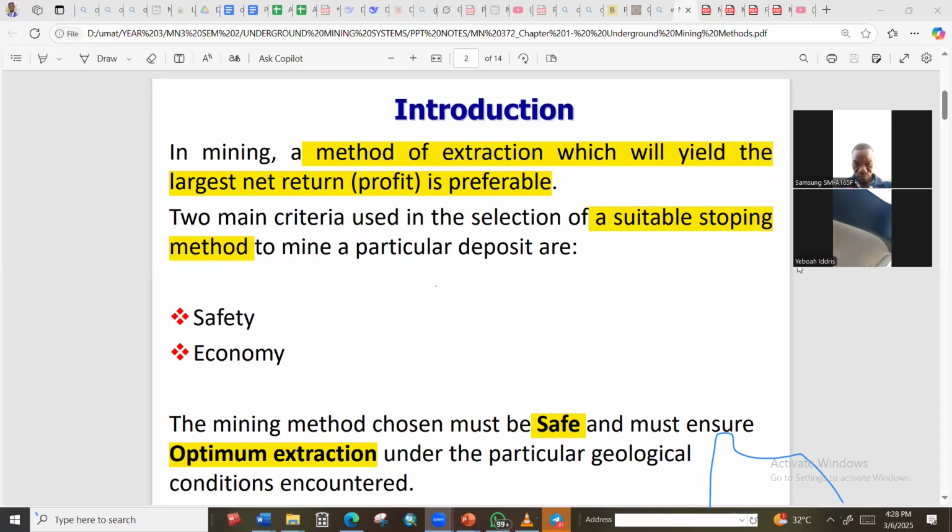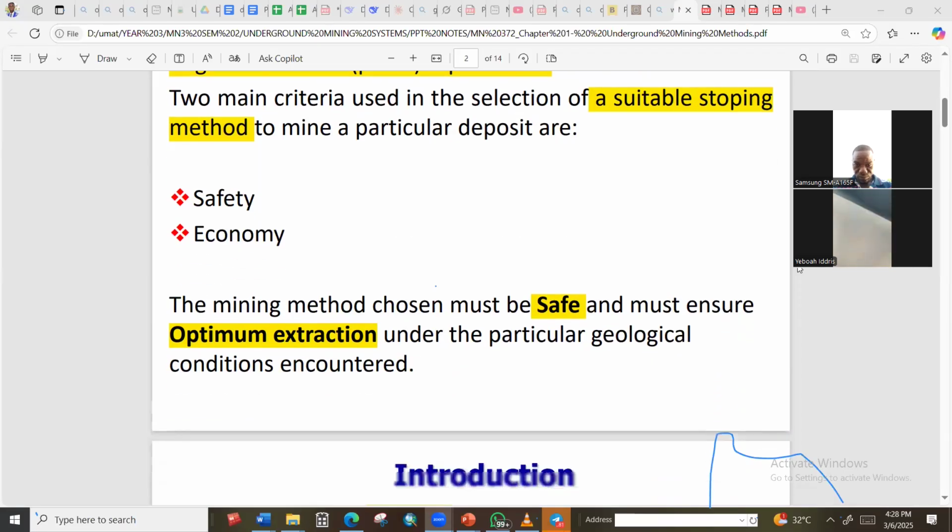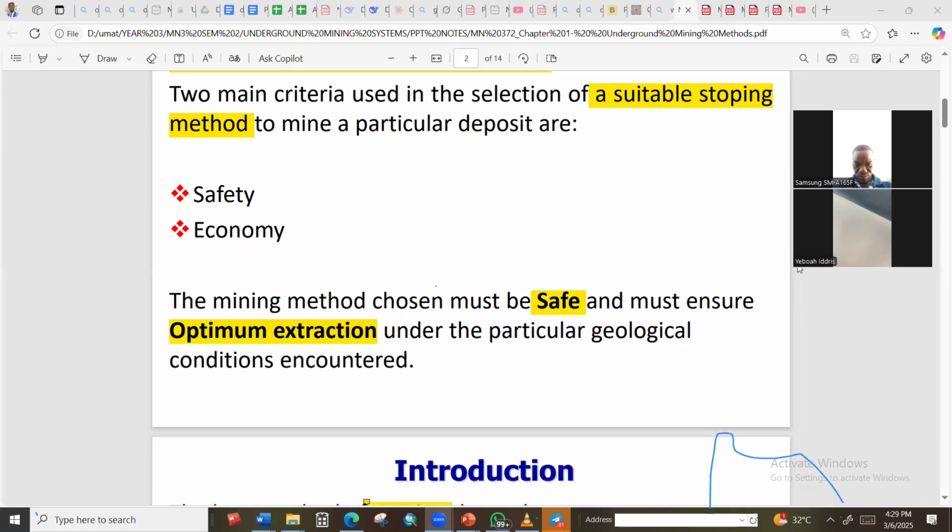All right. So the mining method chosen must be safe and must ensure optimum extraction under the particular geological condition encountered. I think as I was explaining, I said all these things. You have to make sure that the method you are selecting fulfills these two conditions. It is safe. You can't deploy people to an area which is not safe.